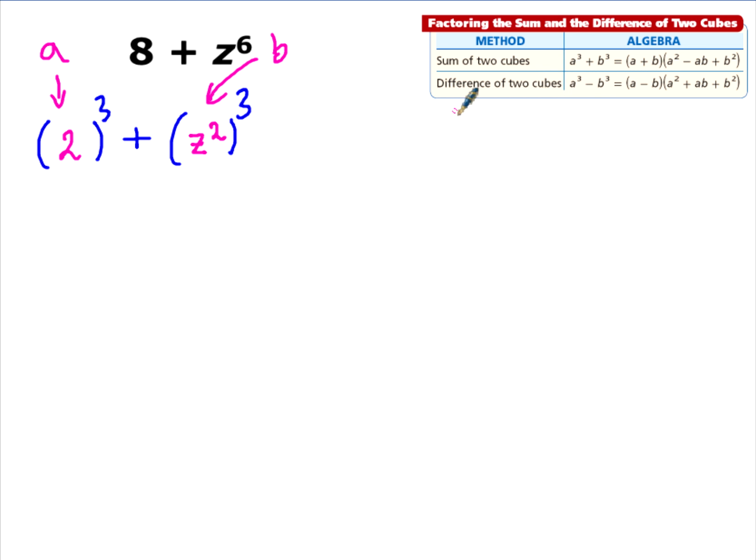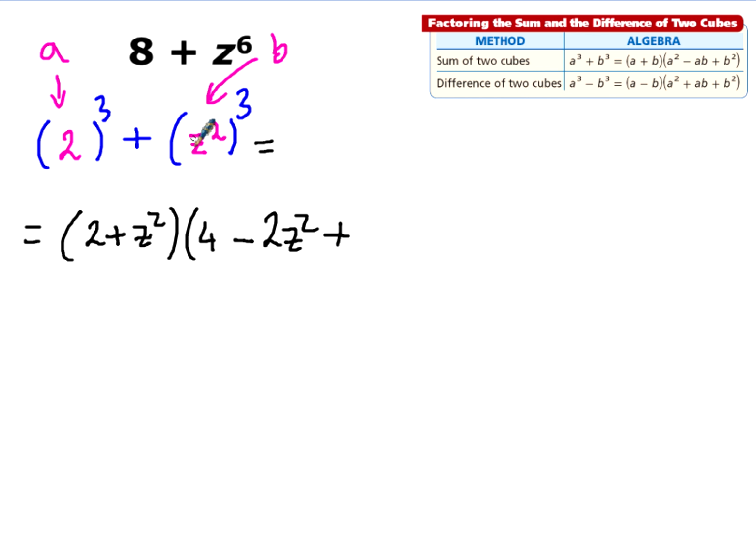So we're going to use sum of two cubes. So when we factor this out, that should come out to a plus b, so 2 plus z squared, times a squared, which is 2 squared, which is 4, minus a times b, so that's 2 times z squared, and then plus b squared, which is z squared to the power of 2, and that is going to be z to the power of 4.